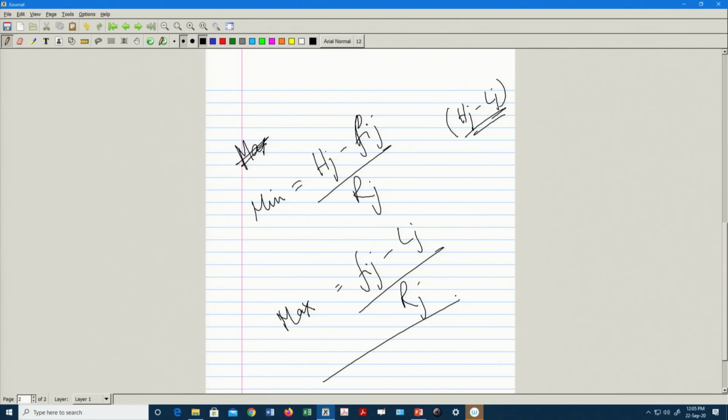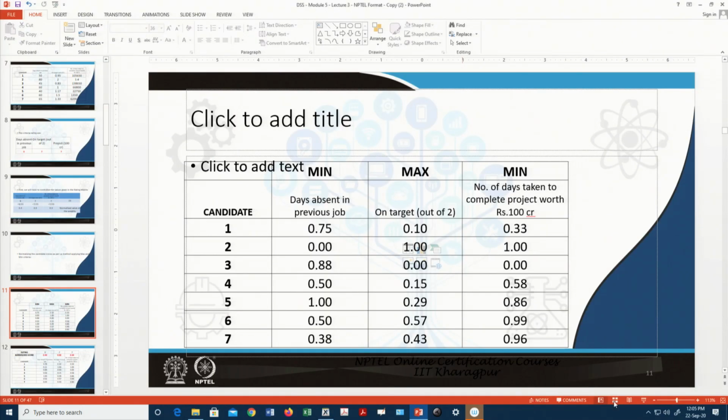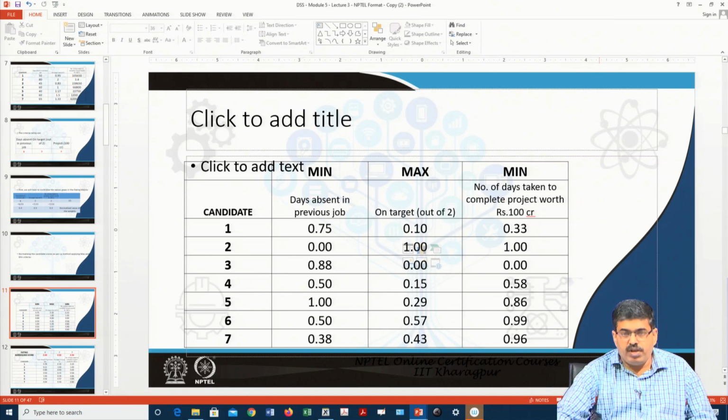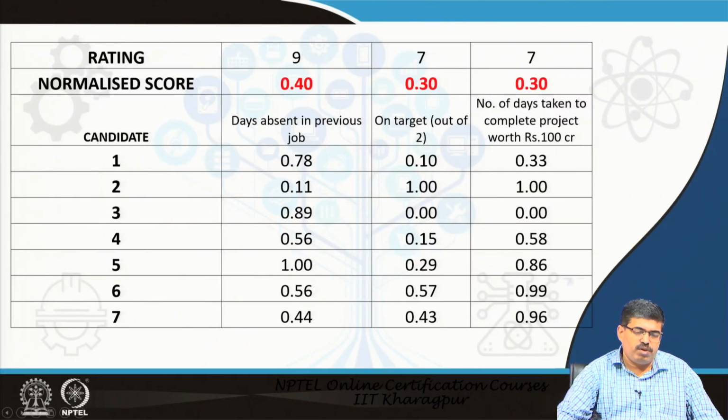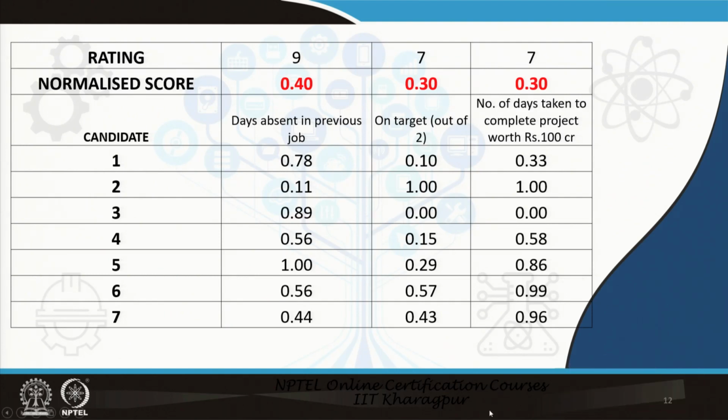So this was my criteria. We apply the same formula and we get this normalized table. Now, you see on top in red, 0.4, 0.3, 0.6, this is the normalized score for the ratings.